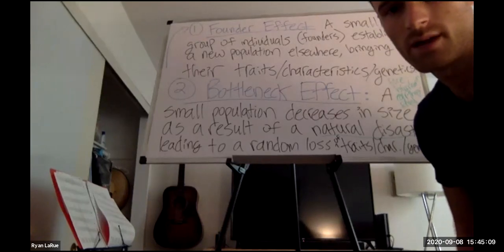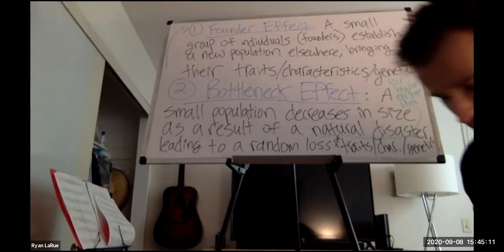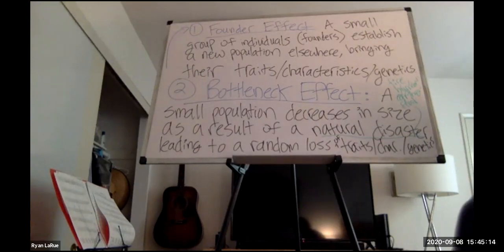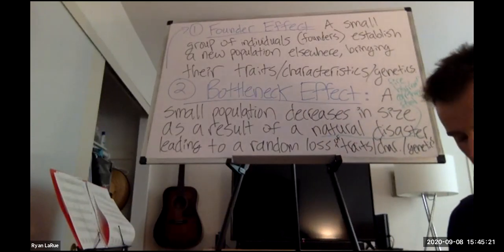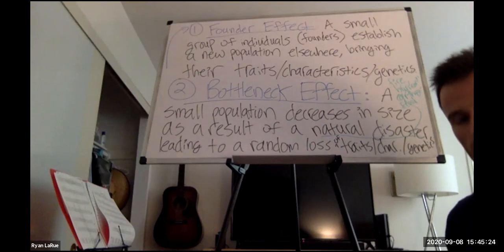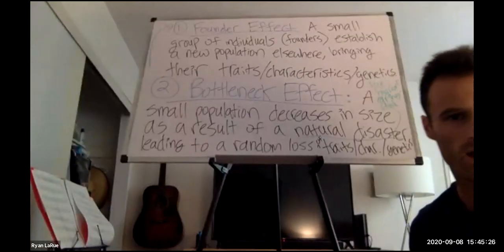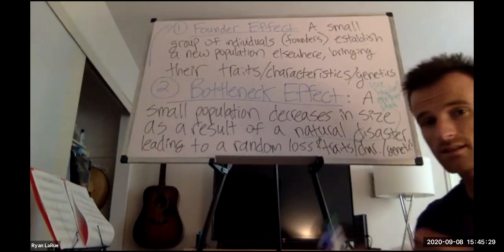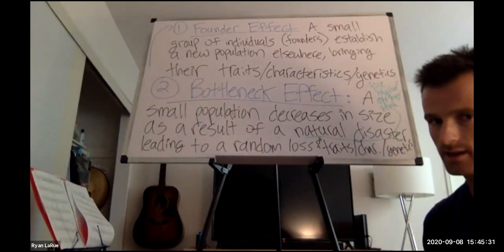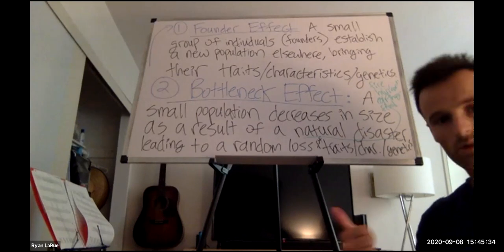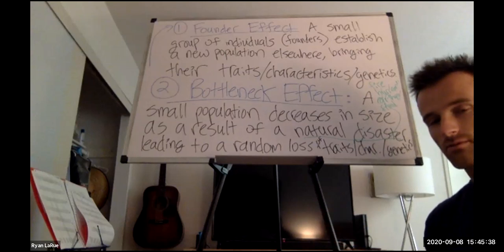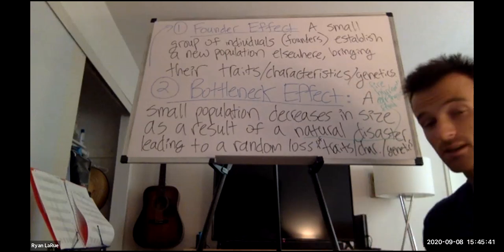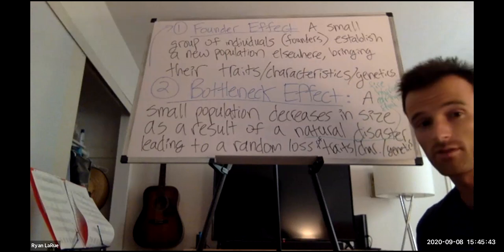So we call this a bottleneck, a genetic bottleneck. Importantly, we group this as a genetic drift type of event because it's a random process. 99.9% of the time, an earthquake or a fire isn't going to purposefully select for certain individuals of a population to survive.